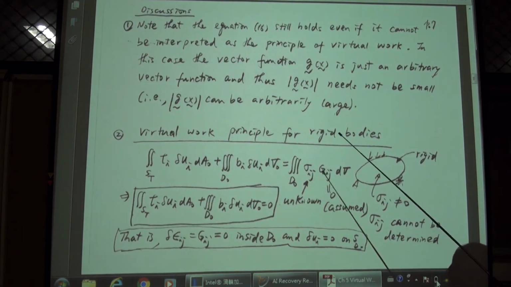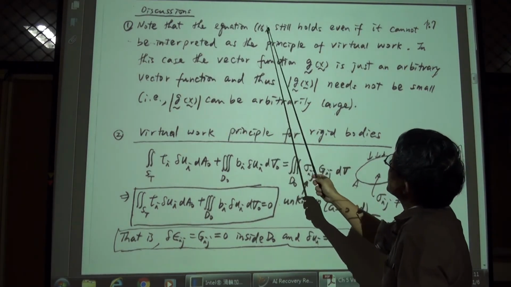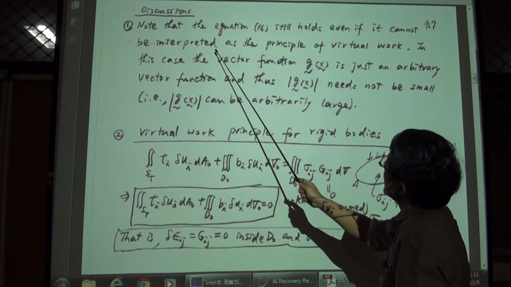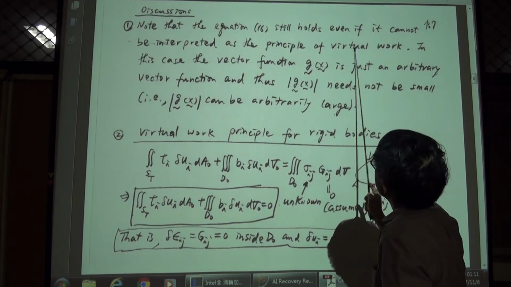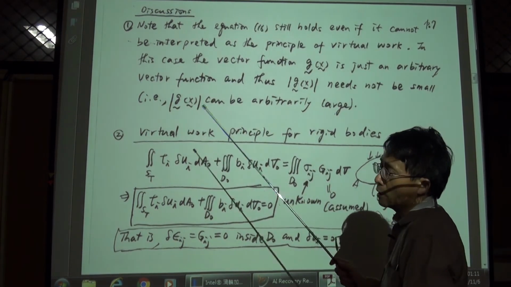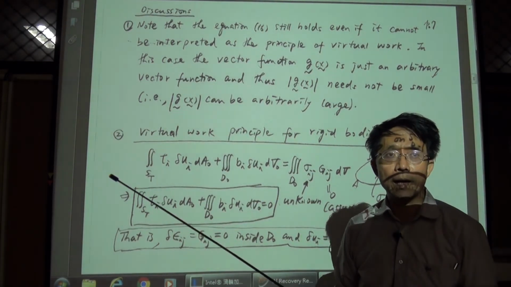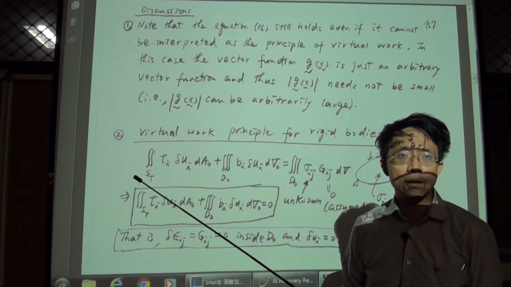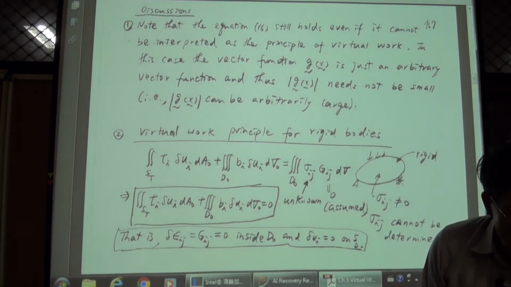Let us do some calculations and discussions. Note that equation 16 still holds even if it cannot be interpreted as the principle of virtual work. Who told you that we must apply the equality as virtual work here?